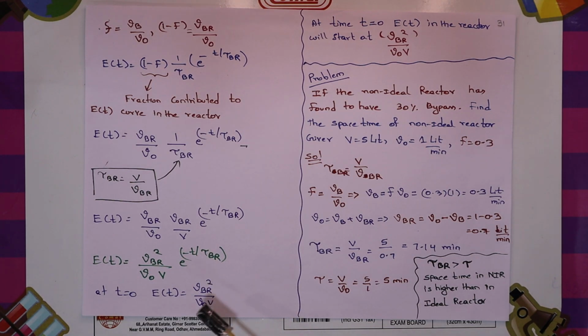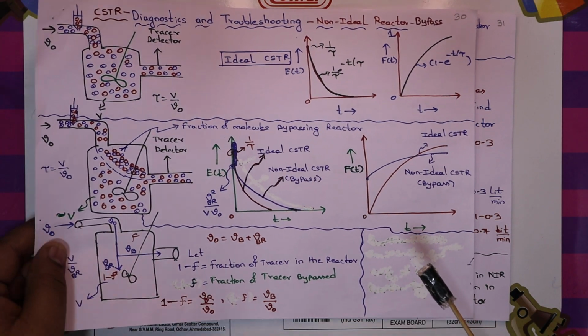You can compare and see the difference. At time t equal to 0, what is the value of E of t? If you put time t equal to 0 in this expression, the exponential term becomes equal to 1. So the value of E of t at time t equal to 0 is nu Br square by nu 0 into V. That is what has been seen here.